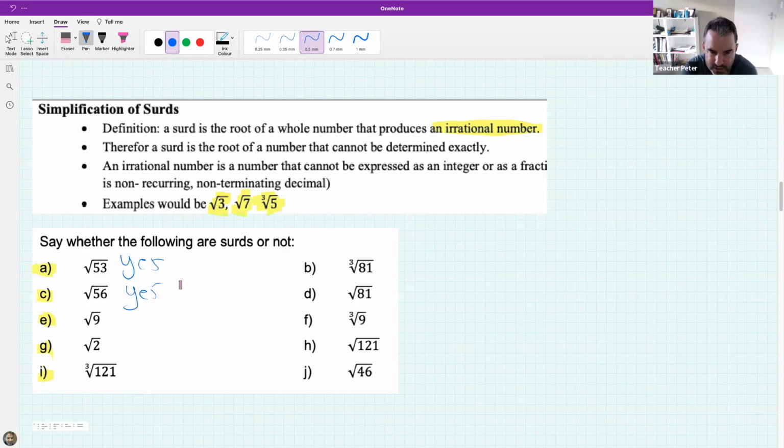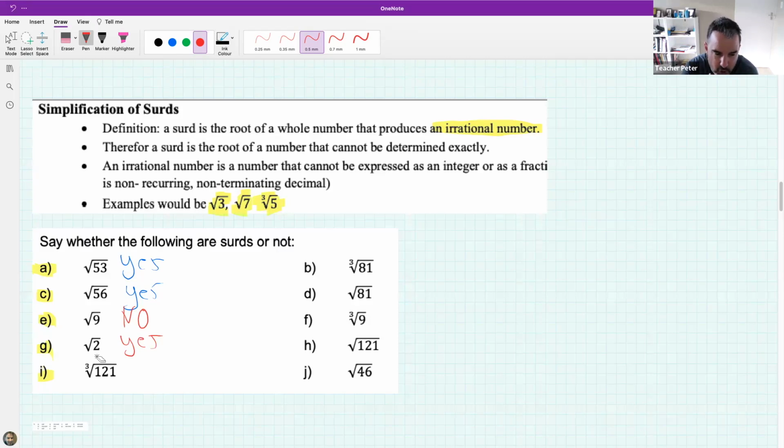Because square root 56, if you put it in your calculator, it's going to be like 7.5423, blah, blah, blah. So yes, it is a surd. Square root 9 is no, it's not a surd. G, yes, it is a surd.